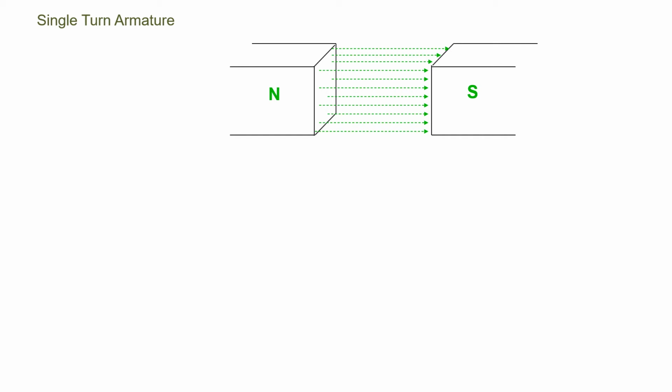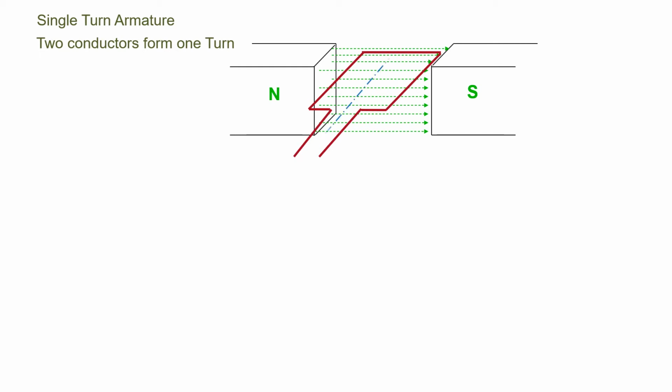We will understand the generator principle when a single turn armature is kept in the magnetic field. Two conductors forming one turn are shown in the figure. You can see the axis of the turn. Around this axis, if you rotate the armature clockwise, the left side conductor will move upwards, the right side conductor will move downwards.